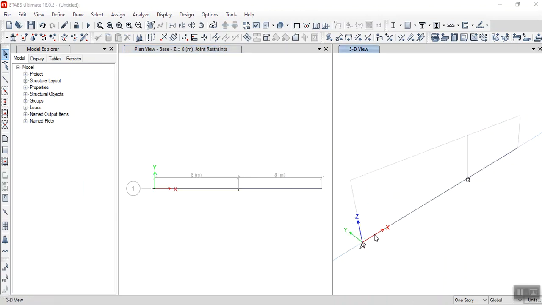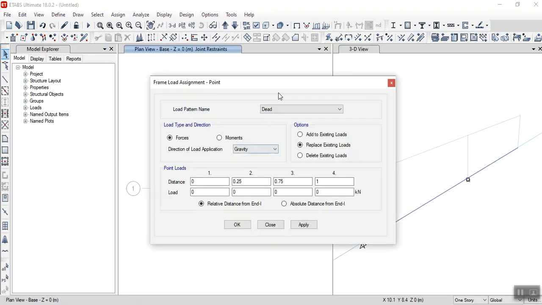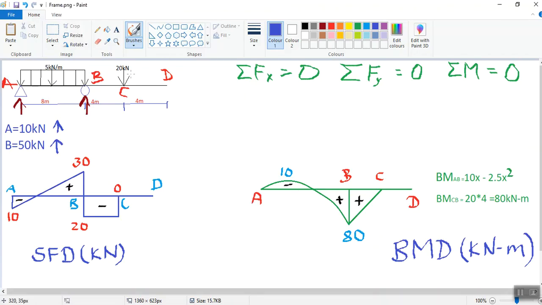Here you can see hinge support in A and roller support in B. Now we will assign load. Assign frame loads, point load in section C is 20 kilonewton acting downward.